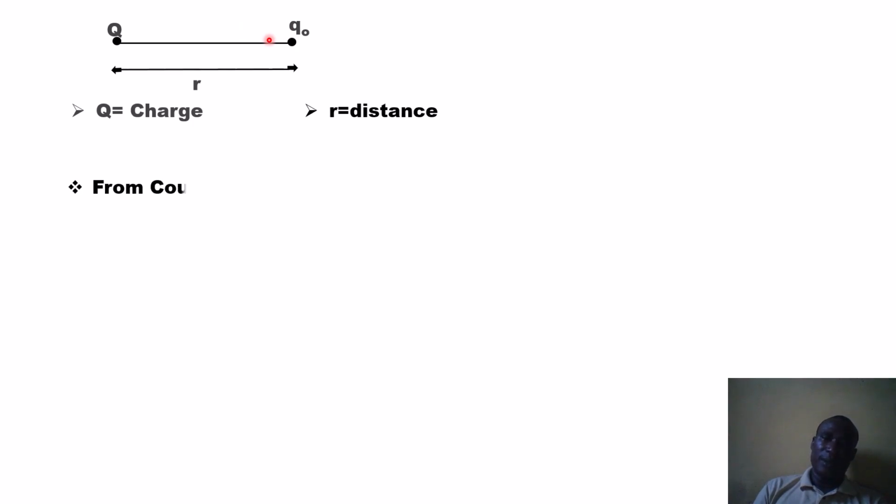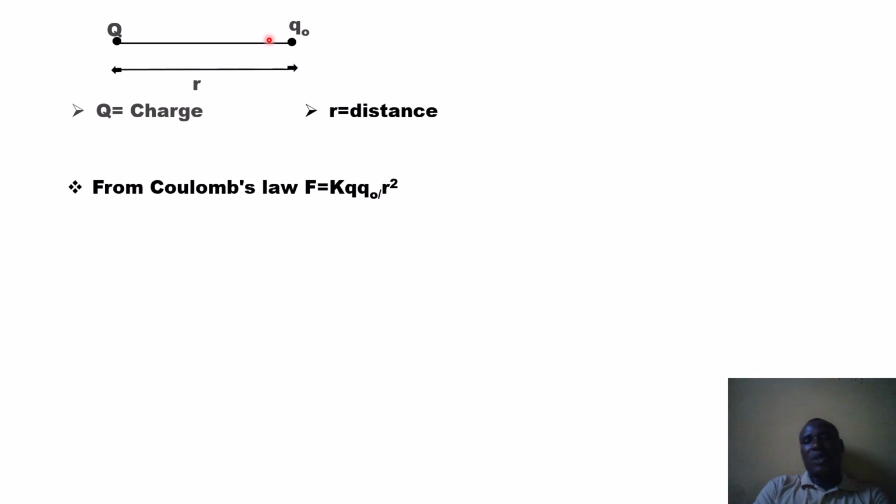So the effect of the force that this one experiences is called electric field intensity. There is no way we will talk about electric field intensity without talking about the distance. So this R is the distance. From here to here, it has a distance and it has a force or a charge. The Q is charge, while the R is distance.